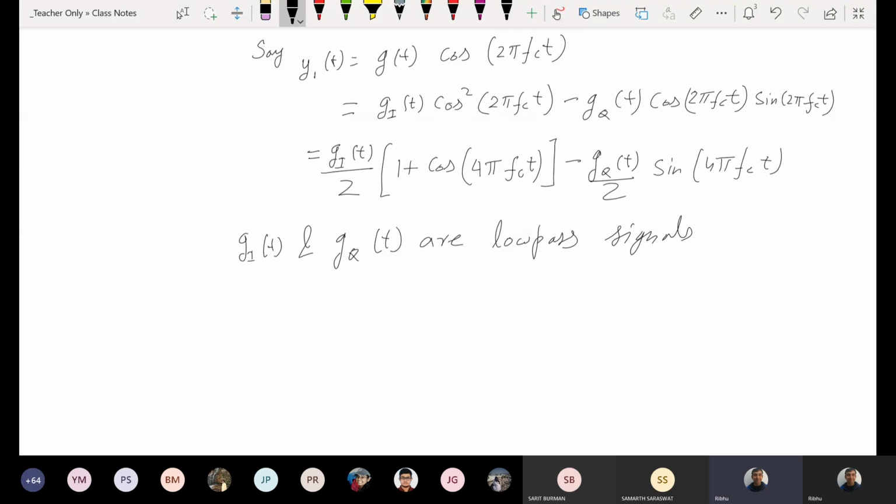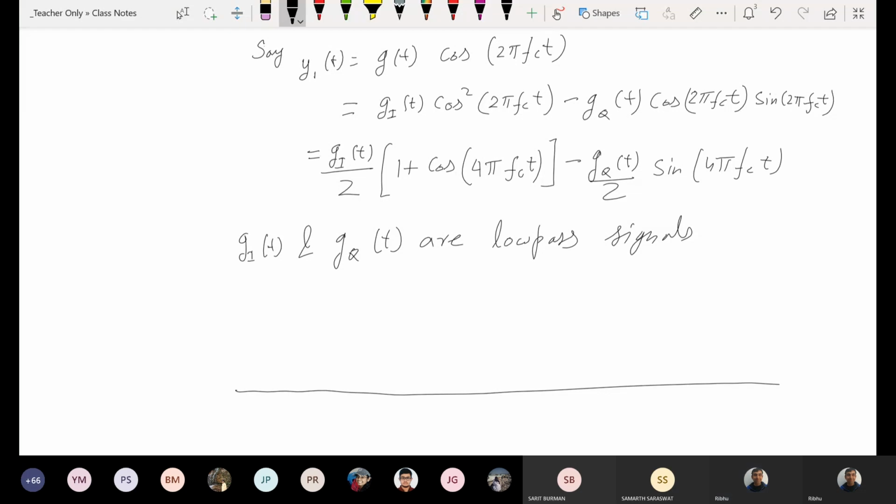So what this looks like is, if I look at the spectrum of this gI(t), then y1(t).